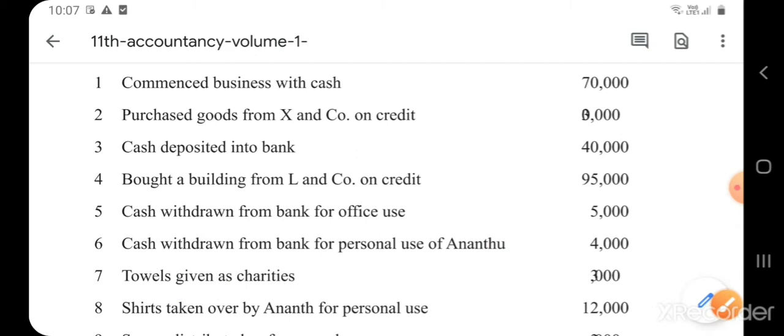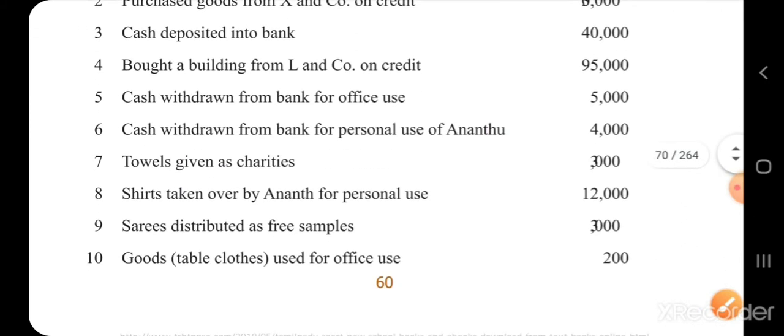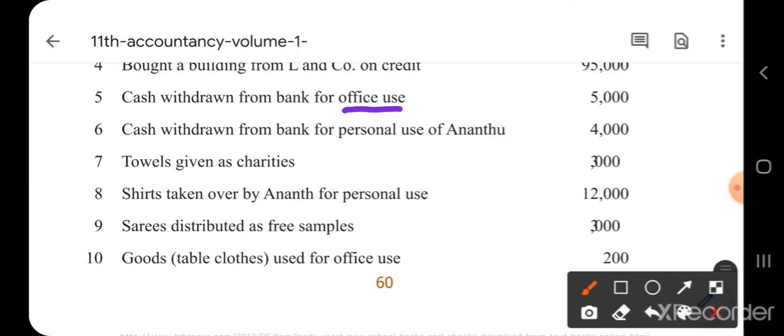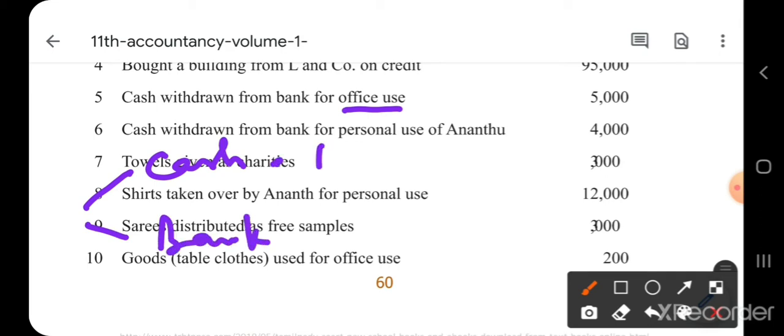Okay. Now, cash withdrawn from bank for office use. When it is personal use, you will take it as drawings. But here the cash is withdrawn for office use. So what are the two accounts involved? Cash and bank. Okay. Now cash is a real account, bank is a personal account. Debit what comes in.